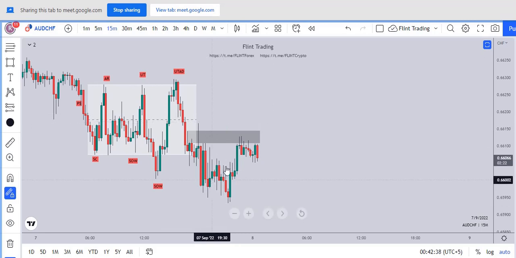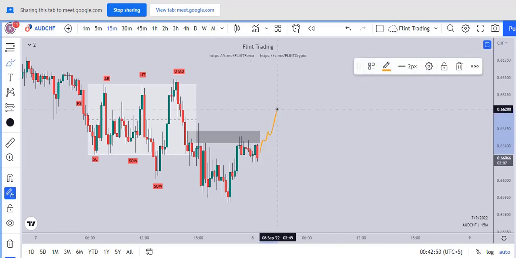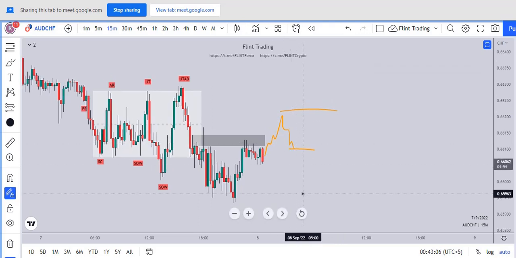So I'm expecting price to take out these highs, eventually this one as well, and again come back within the range and close, like a push up and immediately closing back within the range. At that point I'll place my stop loss above the recently created high and aim for 1:4, because this is my lower time frame confirmation.